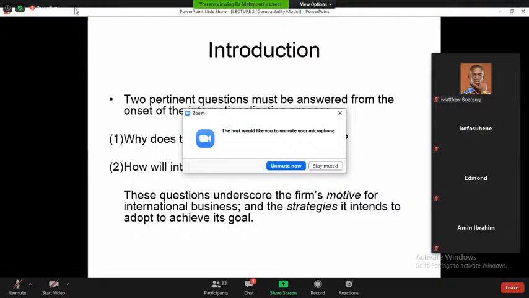What will make them eventually decide to be in the international market? So we are told in this slide that we need to answer two questions before, as a firm, we venture into the international market. Question number one: why does the firm want to internationalize?